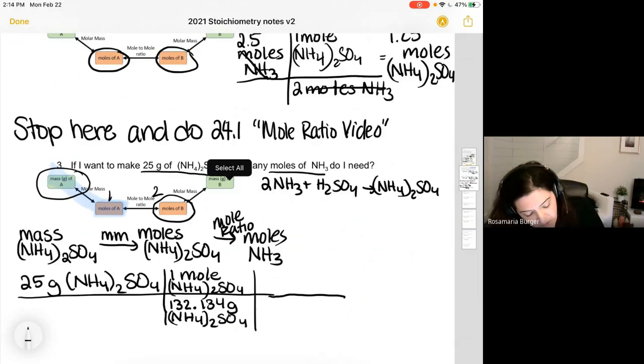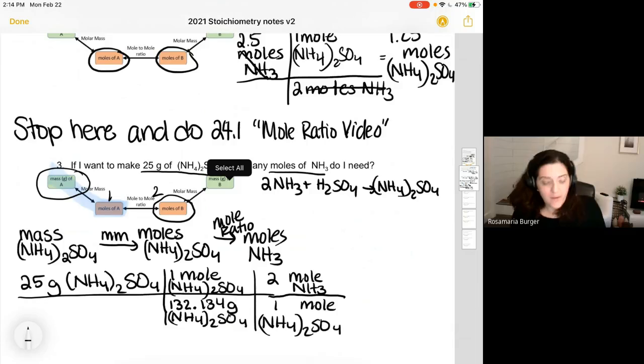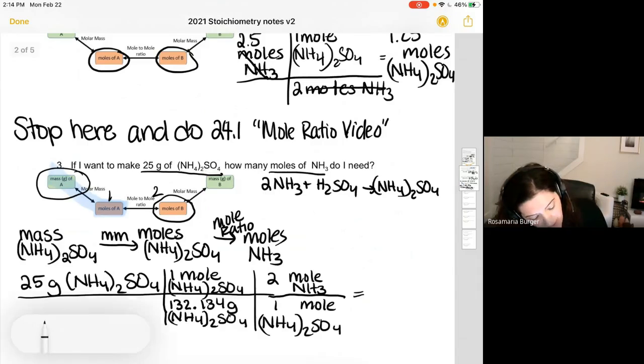So since moles of ammonium sulfate has to go down here, NH4 2SO4, and 2 moles of NH3 goes up here. Now we have made it all the way to our destination.